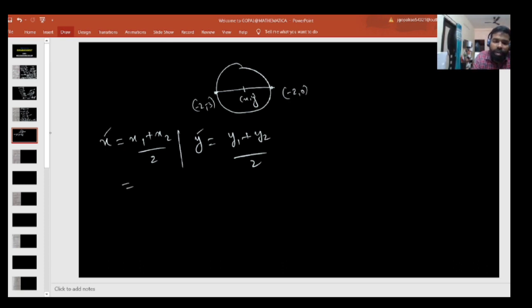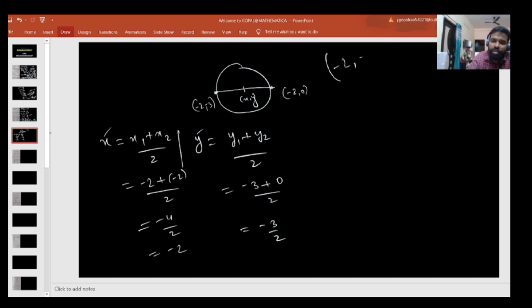Okay, so x1 is -2 and x2 is also -2, all divided by 2. -4 by 2, we get -2. Here we have -3 plus 0 by 2, so we have -3 by 2. So the center point is actually -2, -3 by 2. So let us see the options.